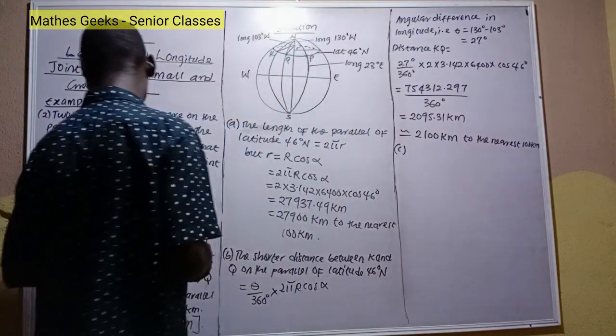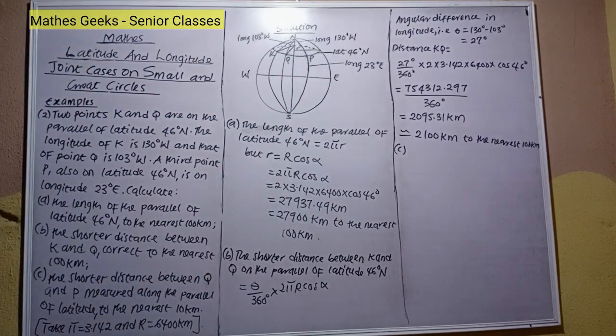C. C says the shorter distance between Q and P measured along the parallel of latitude to the nearest 10 kilometers.